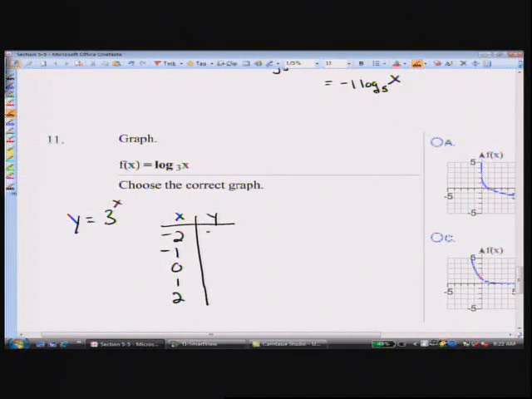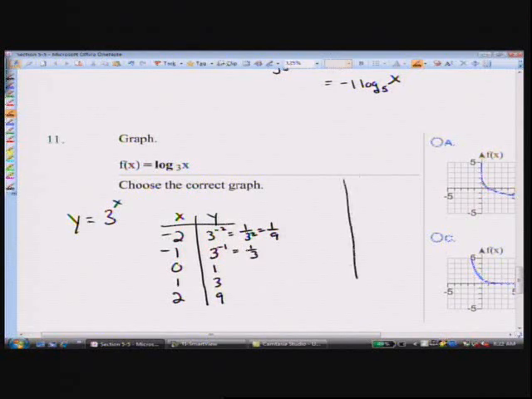3 to the negative 2, which means 1 over 3 squared, or 1/9. 3 to the negative 1, which is 1 over 3, or 1/3. 3 to the 0, which is 1, and then 3, and then 9.